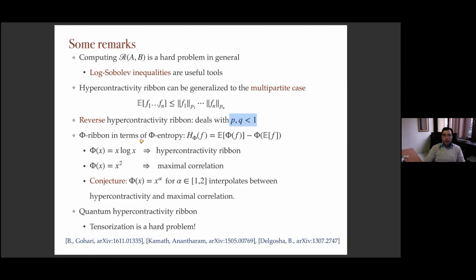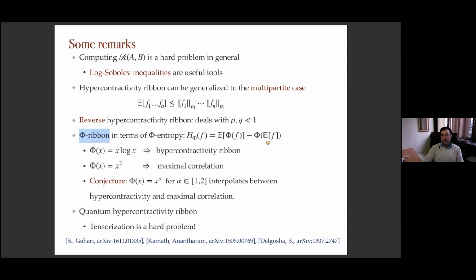And then using the characterization of the hypercontractivity ribbon in terms of mutual information, you can generalize that characterization, because that characterization is in terms of some entropy function, and then you can take that entropy function, replace it by this phi entropy function, and then define a phi ribbon instead of the hypercontractivity ribbon. This function phi should satisfy some property.